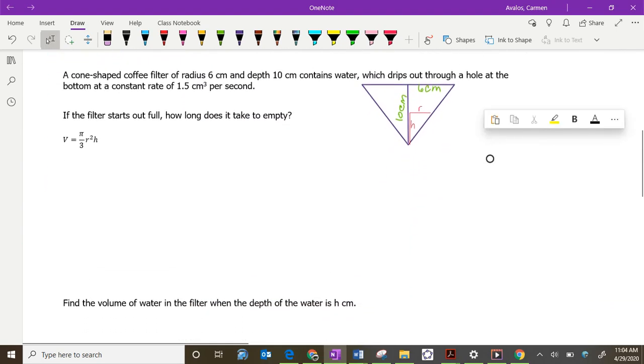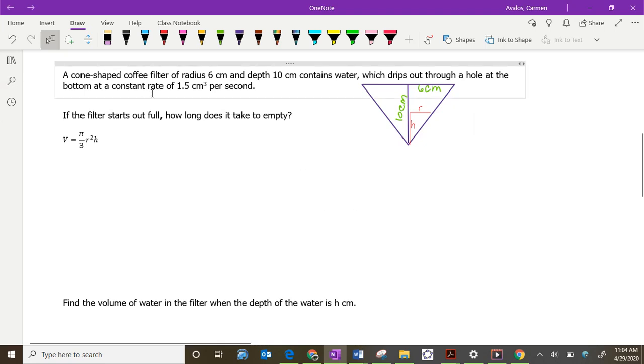A cone, similar to the ones that you guys have been doing before. A cone-shaped coffee filter of radius 6 centimeters and depth 10 centimeters contains water, which drips out through a hole at the bottom at a constant rate of 1.5 centimeters cubed per minute.